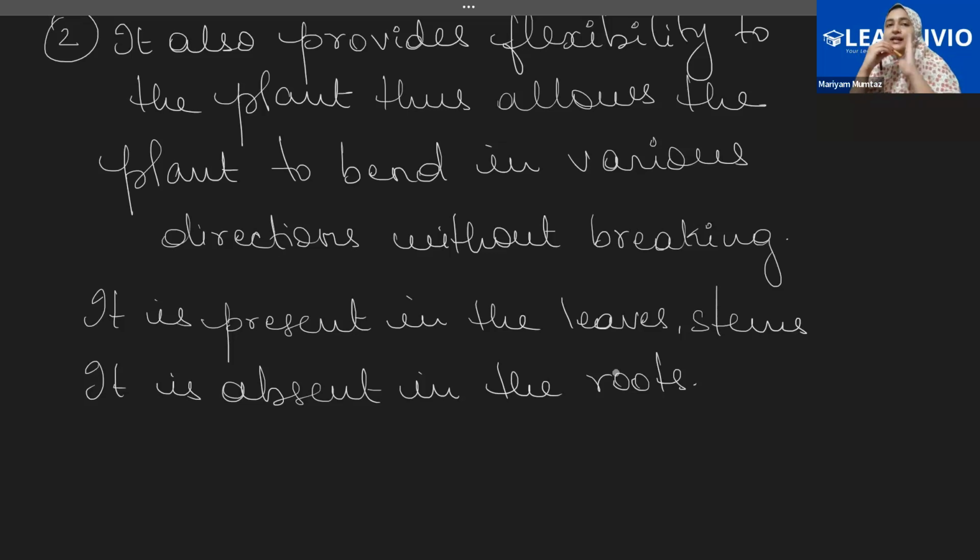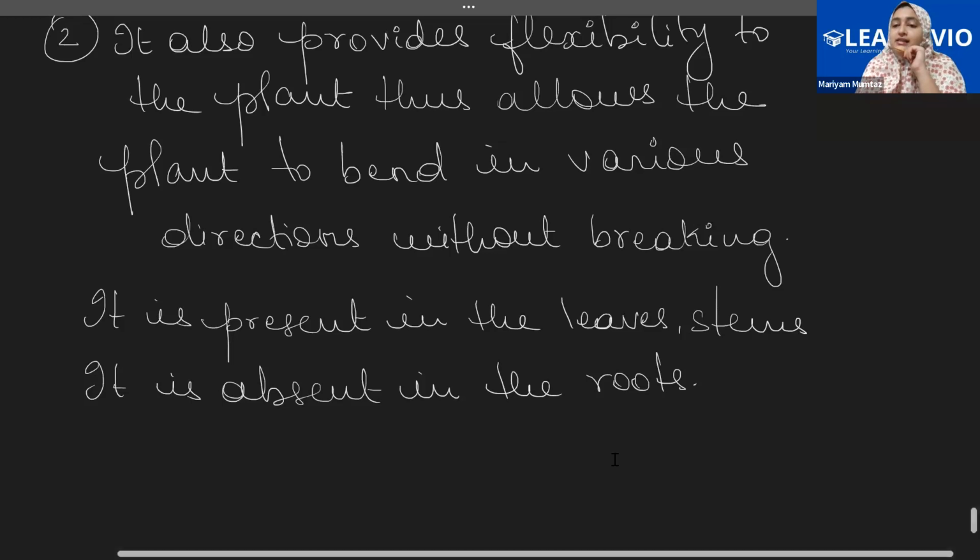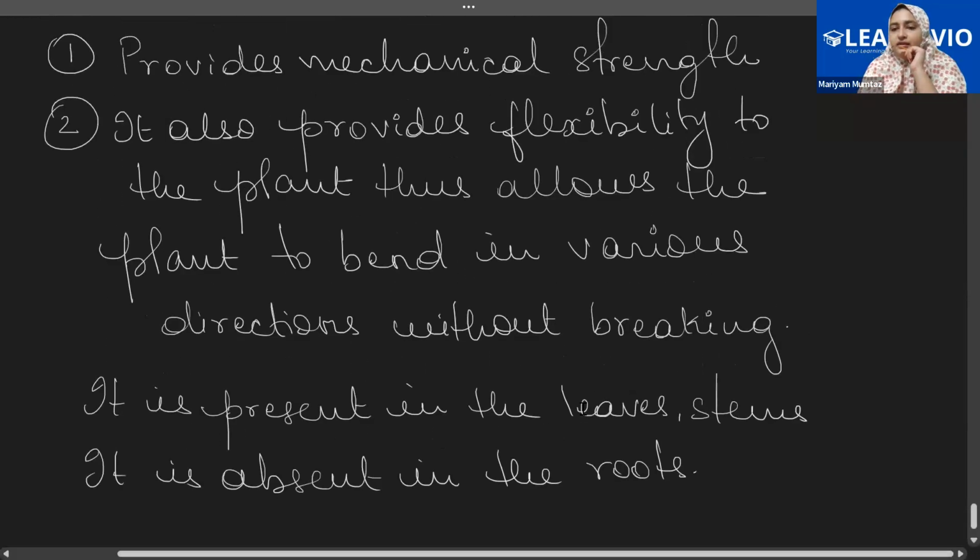Most of those differentiated tissues die, or the protoplasm is lost in them, turning into fibers and so on. But remember that collenchyma is a living tissue and it provides mechanical strength. Clear, students?